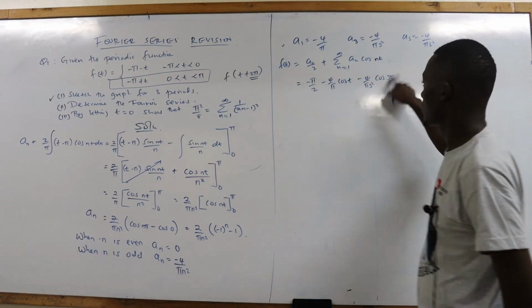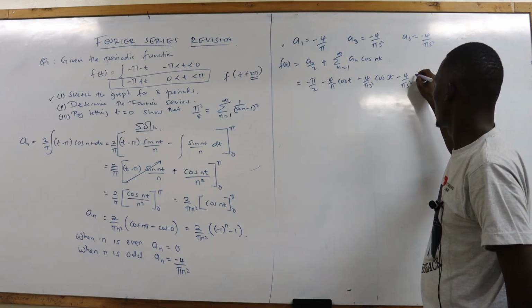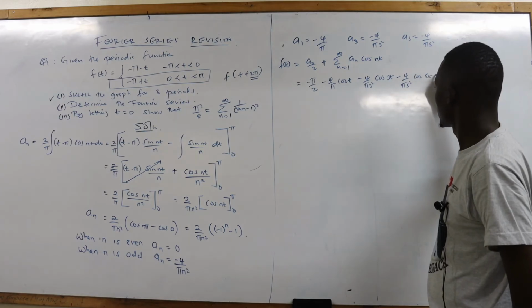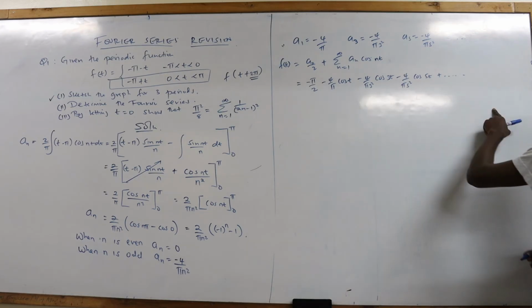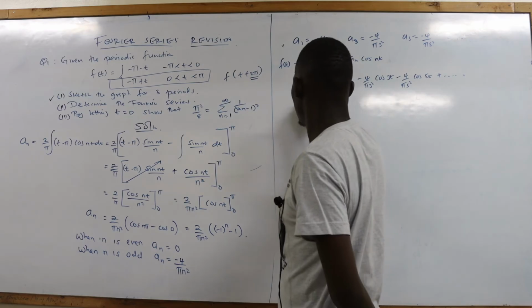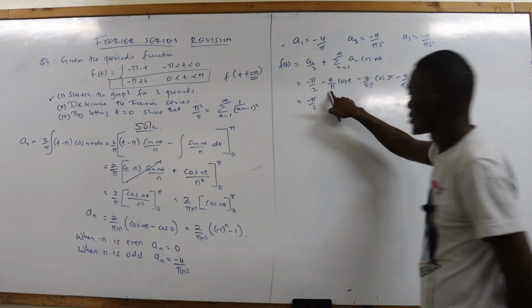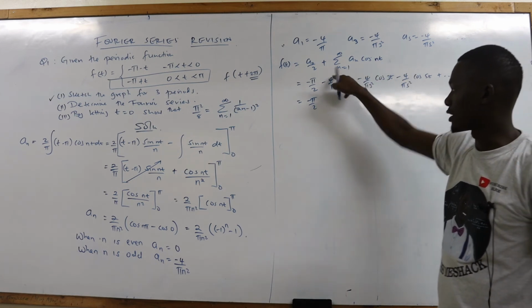The value here is the value here. Minus 4 over pi times 5 squared, cos 5t, and so on and so forth. So these are just writing. Then in this form, this is given again by negative pi over 2. What is common here? This one is common, this one is common, and 4 is common, negative 4 is common.